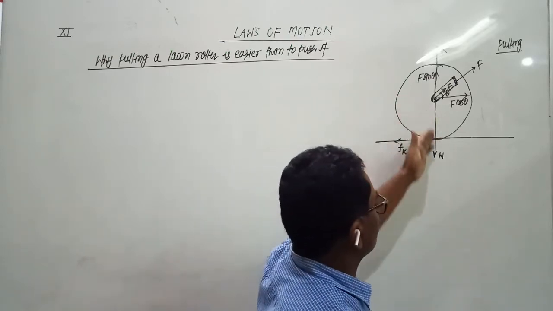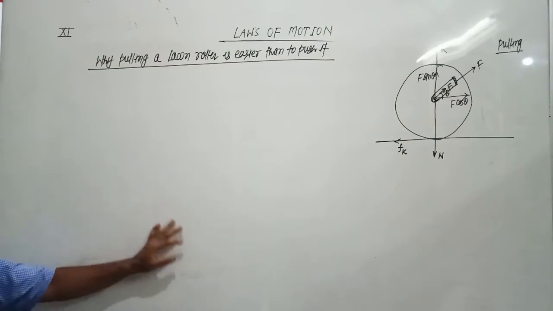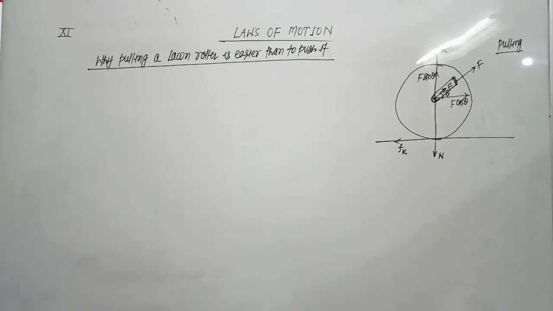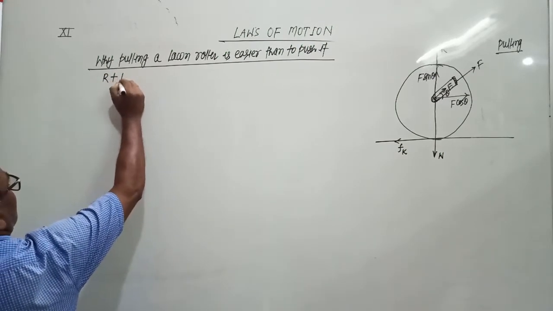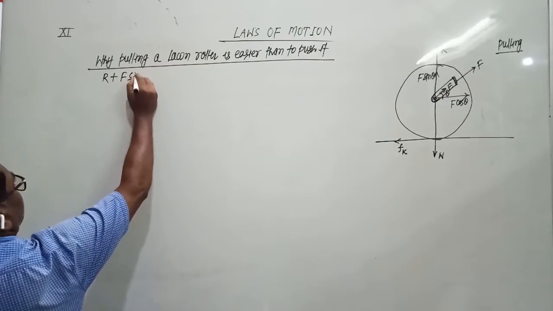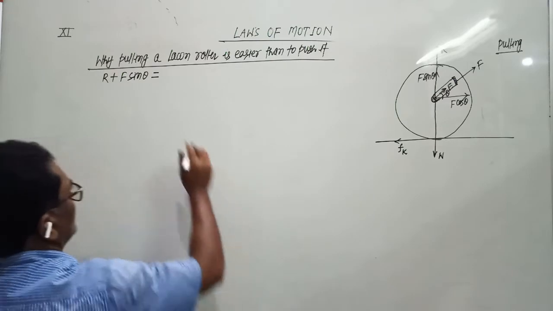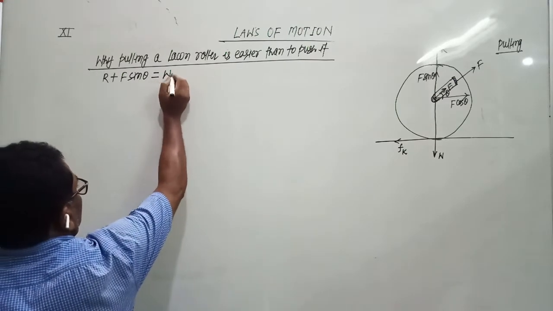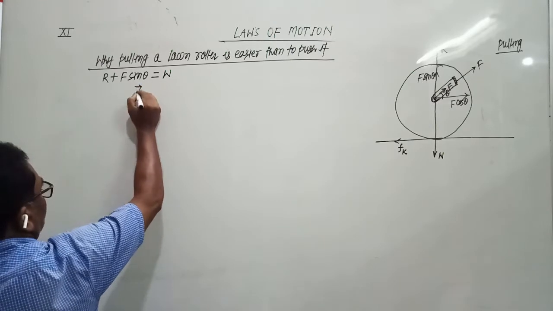And in downward direction, the force acting is W. So we equate these two forces, and we can write R plus F sin theta equals W.